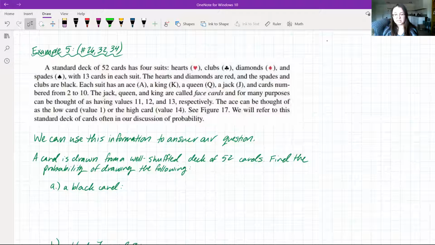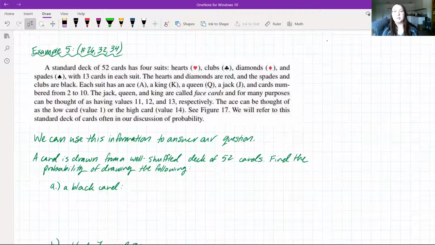See figure 17, which was not included, and then we're going to refer to the standard deck of cards in our discussion of probability. So, a card is drawn from a well-shuffled deck of 52 cards, and we want to find the probability of drawing the following.